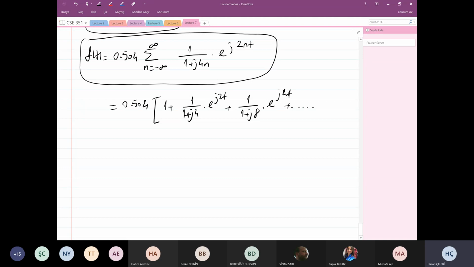For the negative values, n minus 1 is equal to 1 over 1 minus j4 times exponential minus j2t, plus 1 over 1 minus j8 times exponential minus j4t goes to minus infinity.